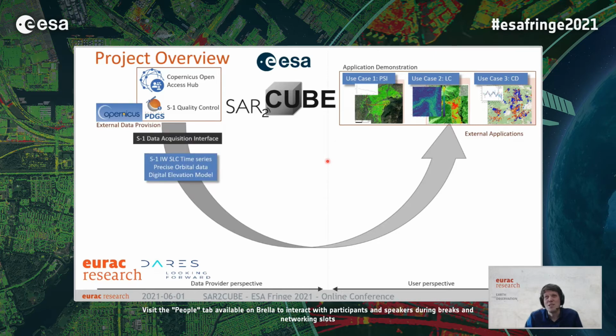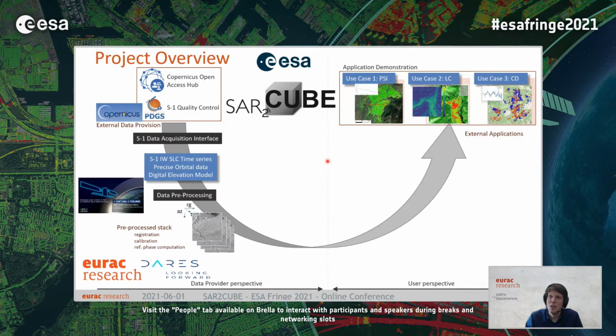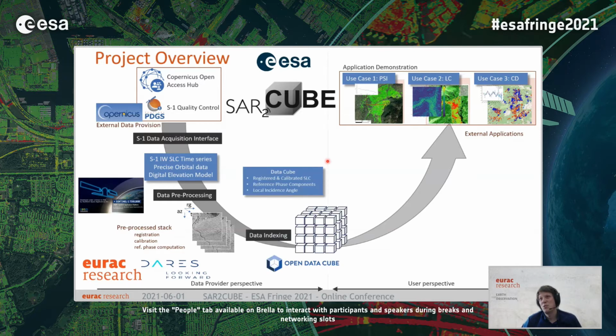Of course, we need to access the data. For this, we can use the standard interfaces, so the Sci-Hub, for example, downloading the orbits, the elevation model, and so on. And then we do pre-processing in order to generate something we call level 0 data, or our analysis ready data, the base data, let's say, that we need to do the processing, that we put into a data cube.